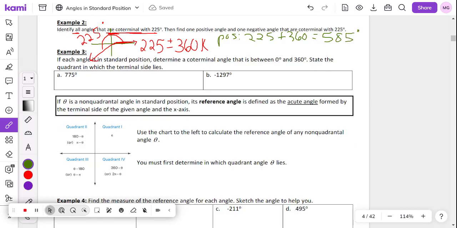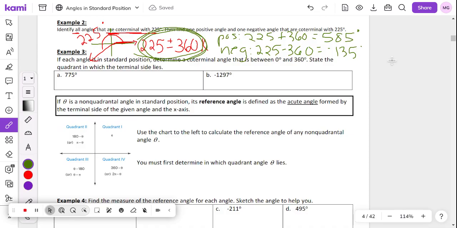But there are other answers, because if you added multiples of that, you'd be coming up with other angles that are coterminal. And then for a negative example, I'm just going to say 225 minus 360, and what that gives us is negative 135 degrees.